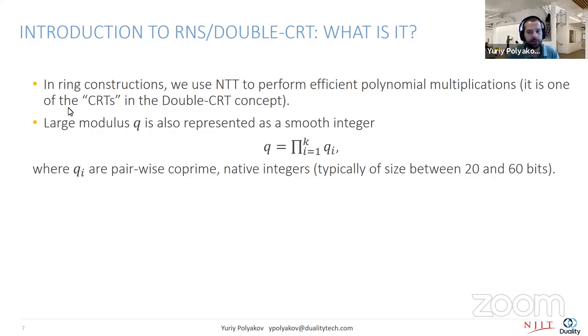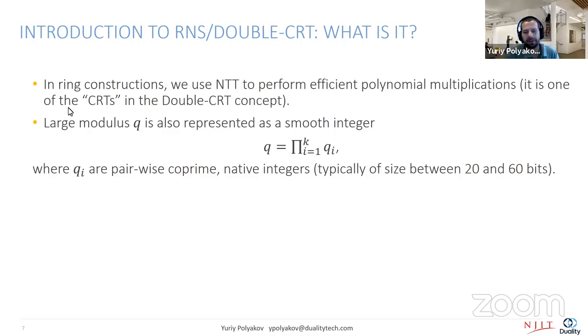Then the other side, which is the main focus of this talk, is the representation of large integers. In this case, we represent a large integer as a product of pairwise coprime native integers, typically of size between 20 and 60 bits.